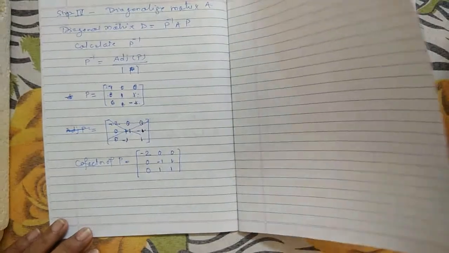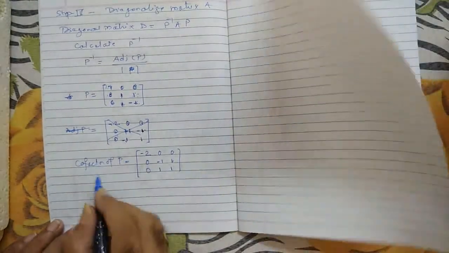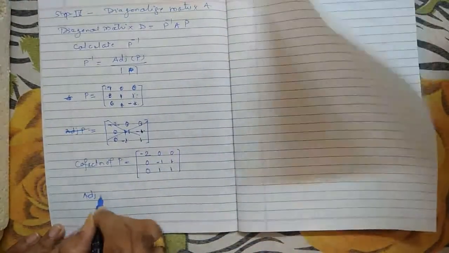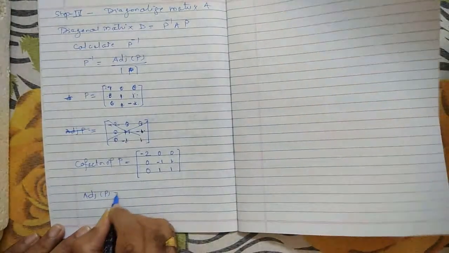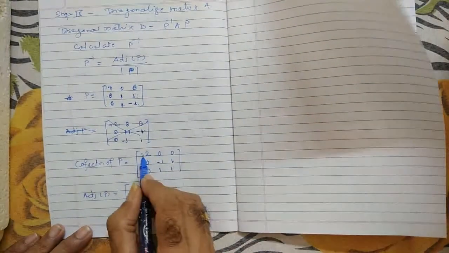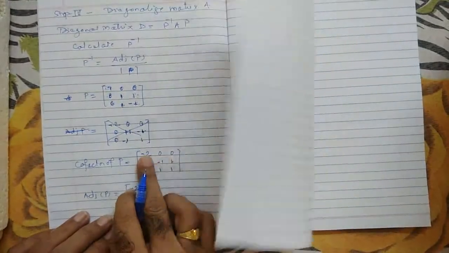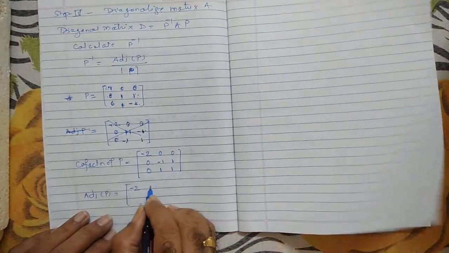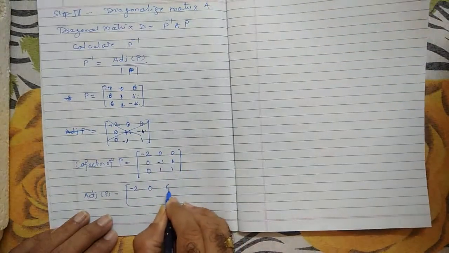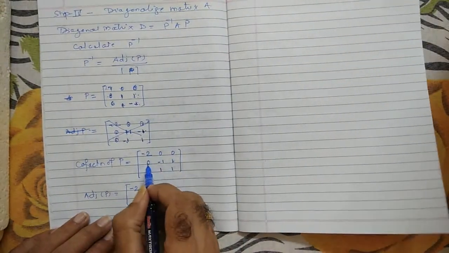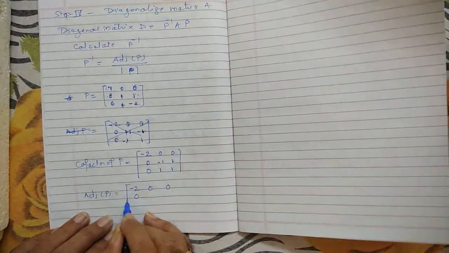That we can directly write down. Now adjunct of the P is equal to. Here is the negative, so we will put this as it is. Here is the negative, so we will put 0. Here is the positive, again we will put 0. Here we will take negative, but 0 is there, so we will take it as 0.